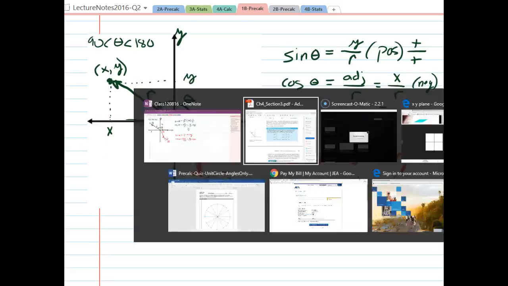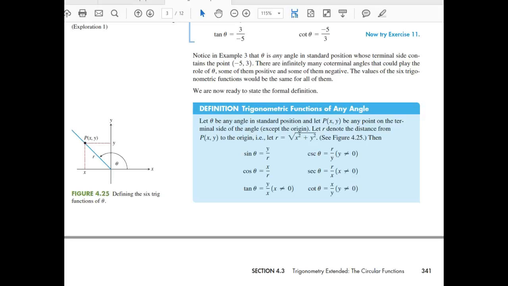So I'm going to flip us over to the textbook. And you can see in the textbook, this is really the summary of what we've just been looking at. Here is my arbitrary point where my rotation has stopped, x, y.